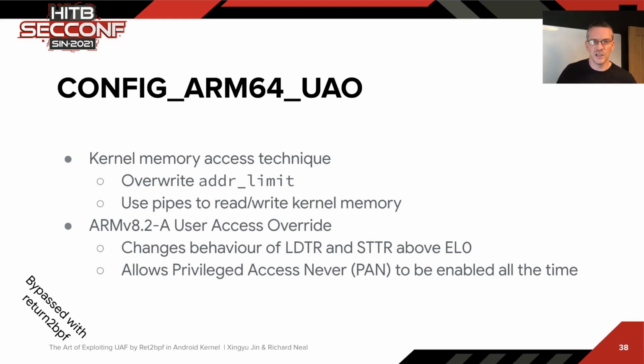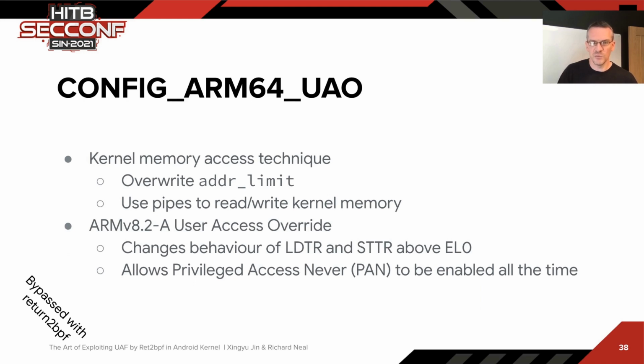This exploitation technique was mitigated using ARM's user access override bit. UAO changes the behavior of the LDTR and STTR instructions when they are used by the kernel to perform memory copy operations. For example, those required by the read-write syscalls in the example given just now. If the UAO bit is set, then the instructions behave as privileged load and store and cannot access user memory.